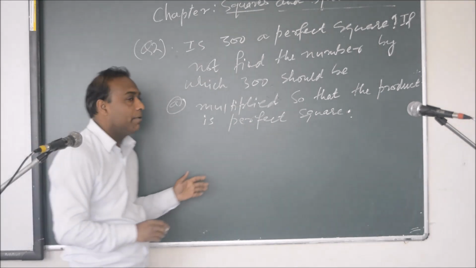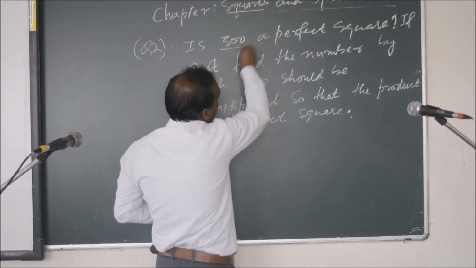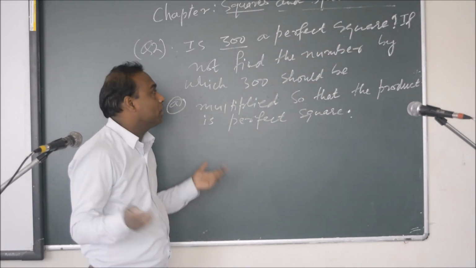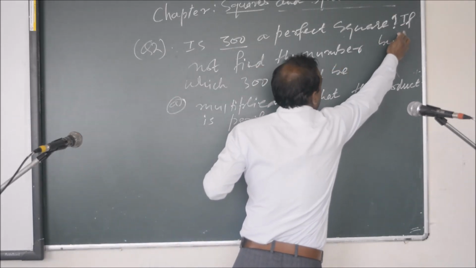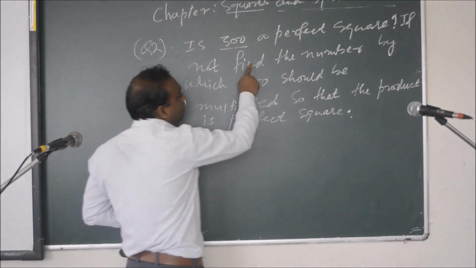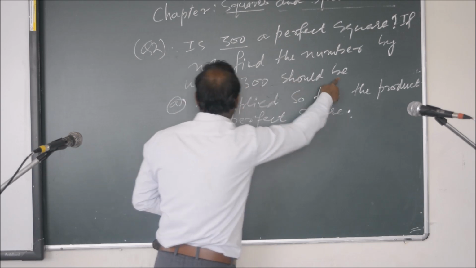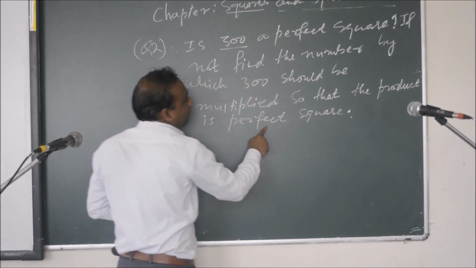Again, I will repeat the question. Is 300 a perfect square? What is a perfect square? That also I will explain here. And after that, if this is not a perfect square, you have to find the number by which 300 should be multiplied so that the product is a perfect square.